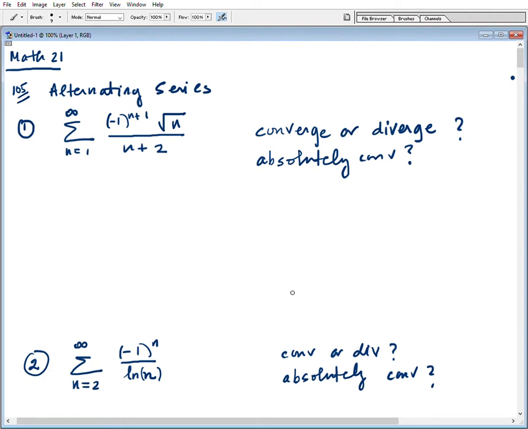All right. So last time we were looking at alternating series in section 105, and we said the main theorem says that an alternating series, remember an alternating series is of this form, like this, minus 1 to the n.